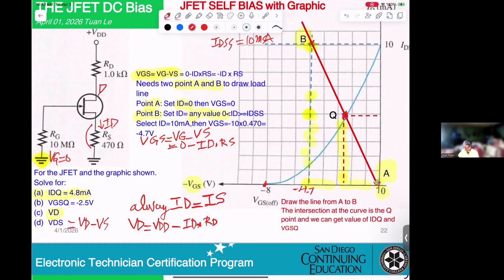That is the way. You have to draw two points, intersection between the line of that two points with the curve. You can find out what ID or what VGS.